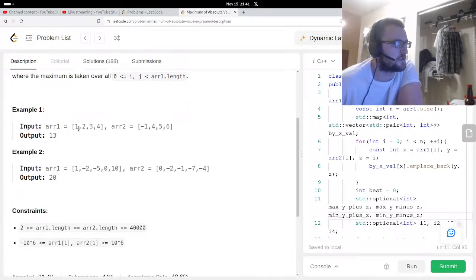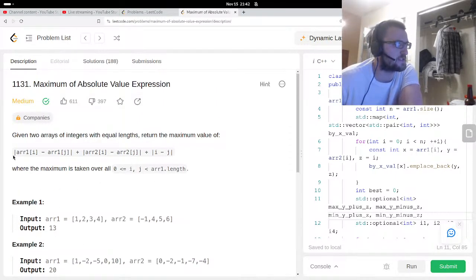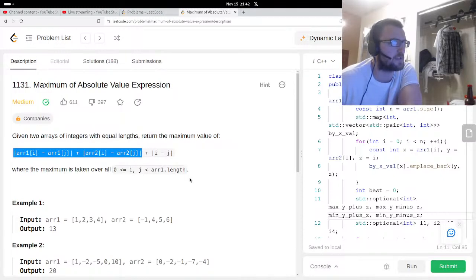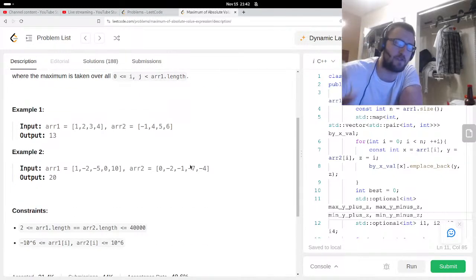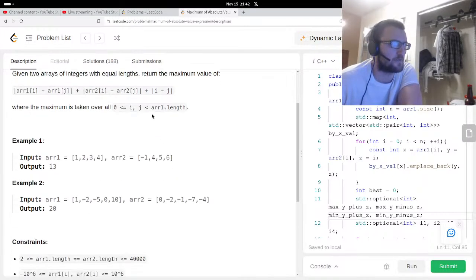These can be looked at as points in a two-dimensional plane, a Cartesian plane, each of these being paired up as points in the plane, and they want the largest distance between any two pairs of points. And they also have a third dimension in here, which I'll explain.